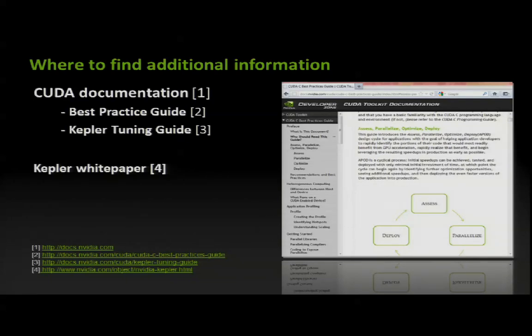If you're new to CUDA, I would start with either the best practices guide or the C programming guide. There's a Kepler white paper that describes all the additional features, and I don't have it here, but it's also linked from the CUDA website, docs.nvidia.com.